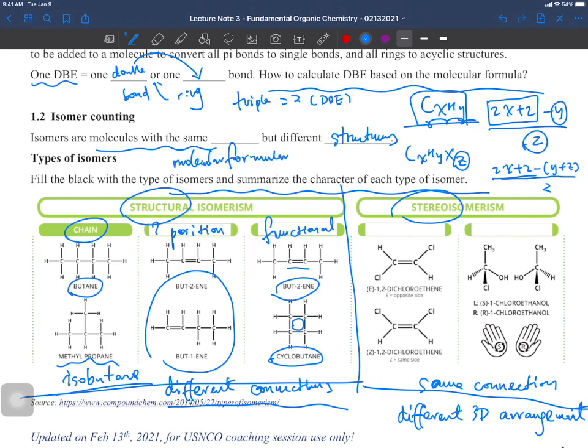Another one, let's have a look at these two. The top one is a C=C double bond with 2 chlorines. The second one is also a C=C double bond with 2 chlorines. But you guys know the C=C double bond cannot freely rotate, right? Due to the pi bond, there are two p orbitals parallel to each other.